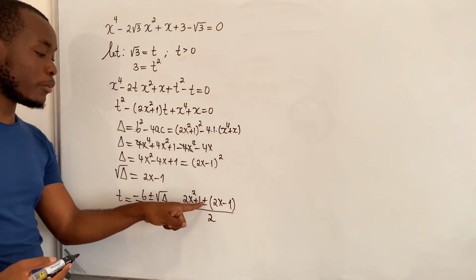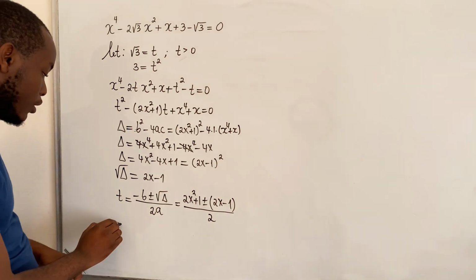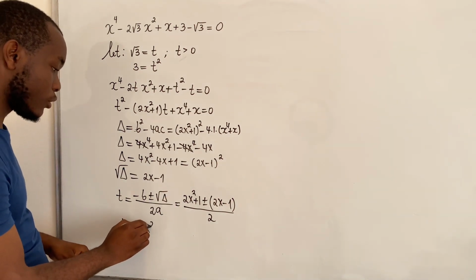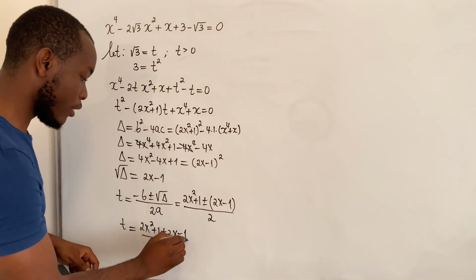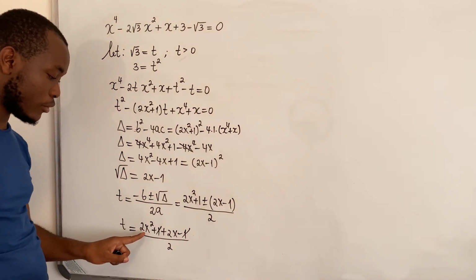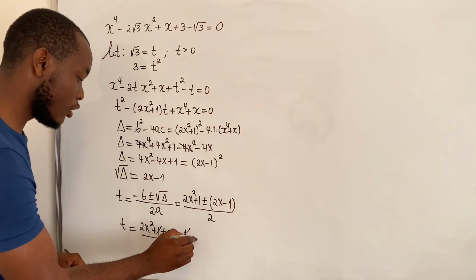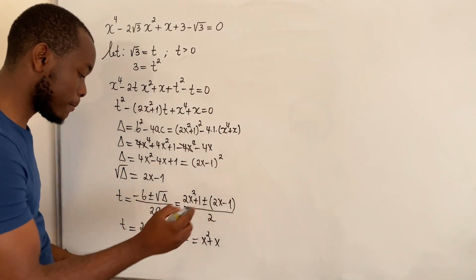We can work first with the positive. So with the positive, t will be equal to 2x squared plus 1 plus 2x minus 1 over 2. We can simplify the 1 because they're symmetric. We have 2, we have 2. We can factorize and it will be simplified with the denominator. So we will be left with x squared plus x.